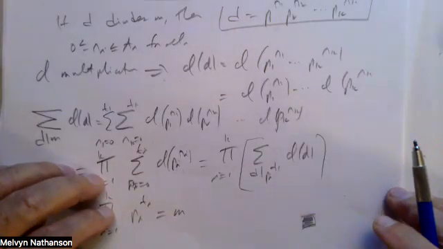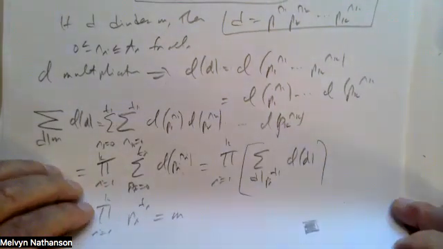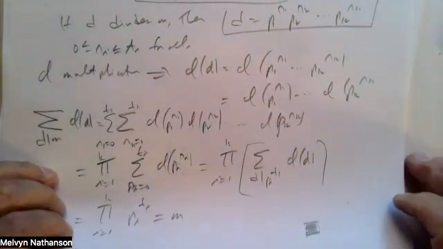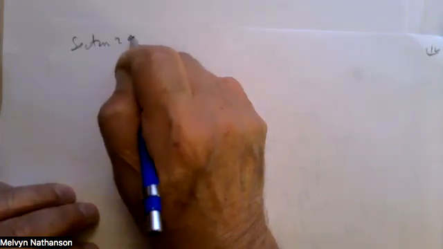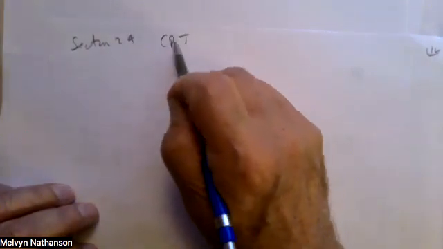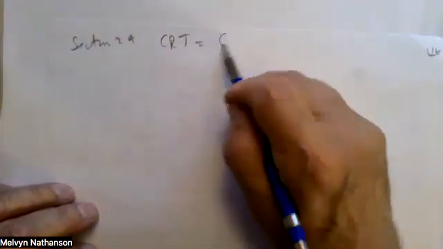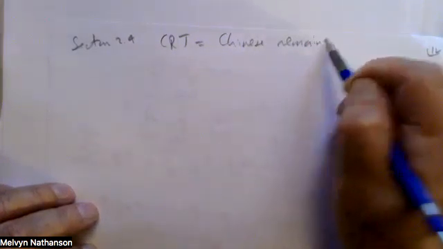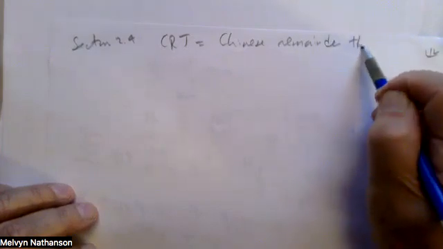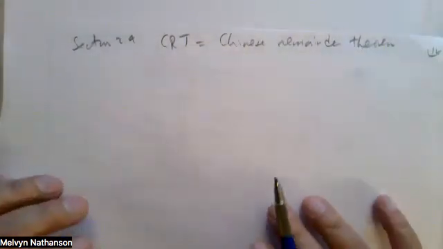Okay. So that is a great deal more about the Euler phi function. And there's one more result I want to prove today, which is in section 2.4. And CRT stands for Chinese remainder theorem.